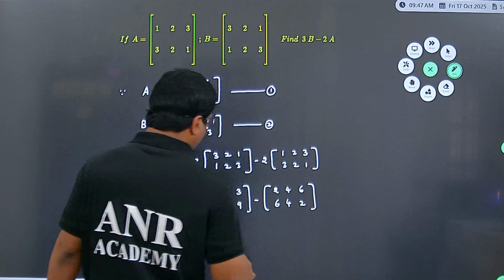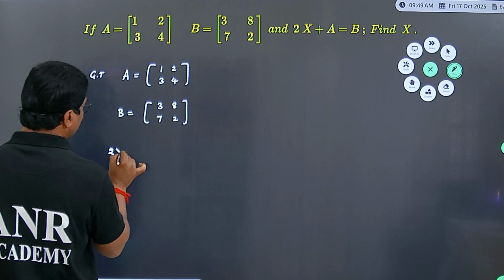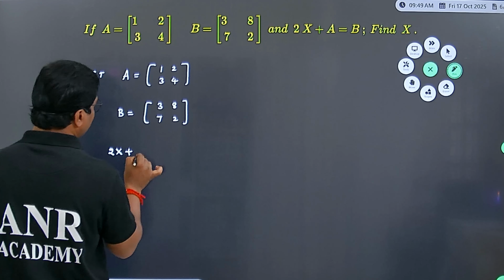Capital B is given as a 2 cross 2 matrix with entries 3, 8, 7, 2, and also given the third condition, 2 times X plus A is given by B.